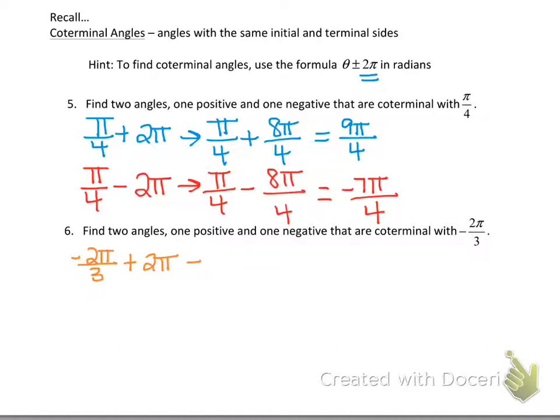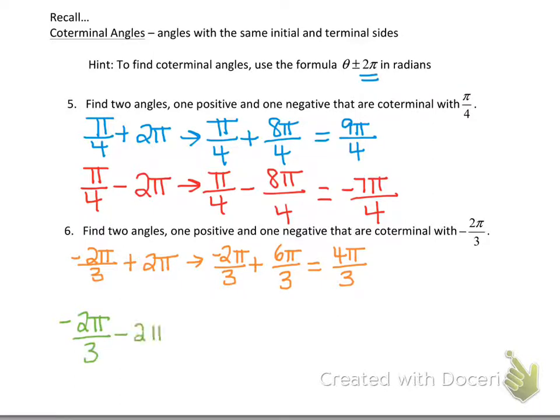So to find a common denominator, I will have negative 2 pi over 3 plus 6 pi over 3. And then negative 2 plus 6 is a positive 4, so we have 4 pi over 3 as my positive coterminal angle. And then negative 2 pi over 3, and we're going to subtract another 2 pi.